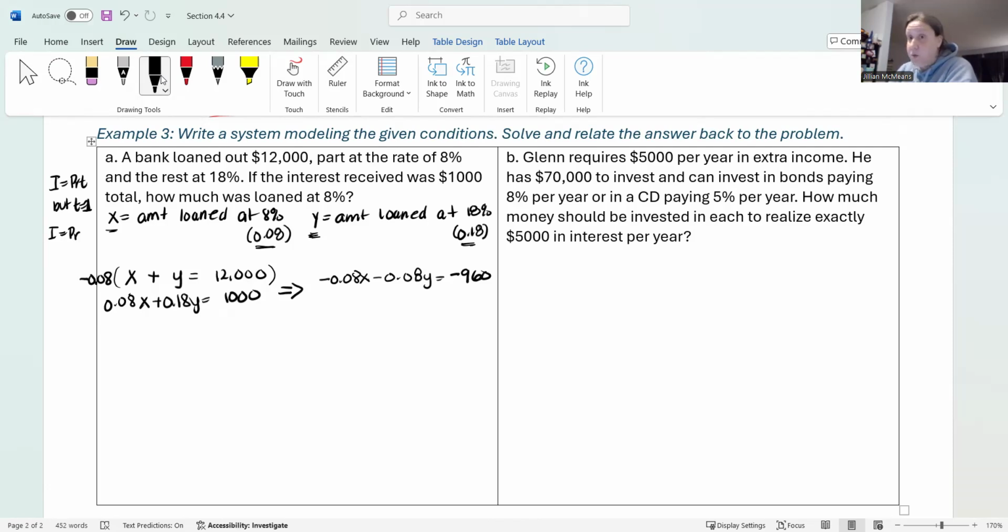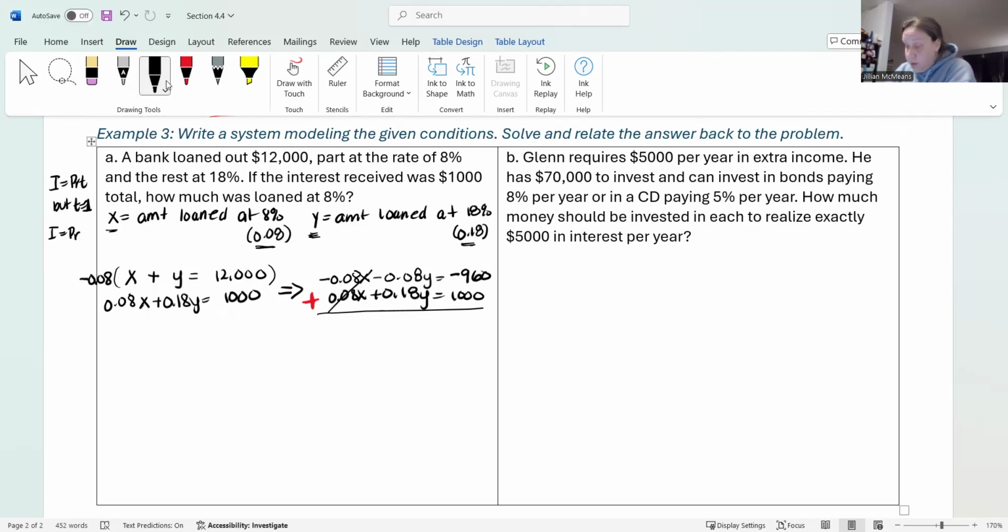The second equation, we're just going to bring it over. We don't have to do anything to it. So I've got 0.08x plus 0.18y equals 1,000. Now, when we go to add the two equations, negative 0.08x plus 0.08x just equals 0. So we have eliminated the x.